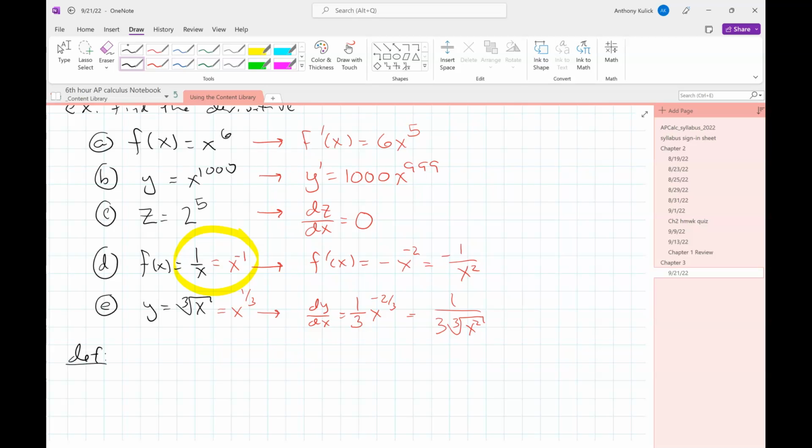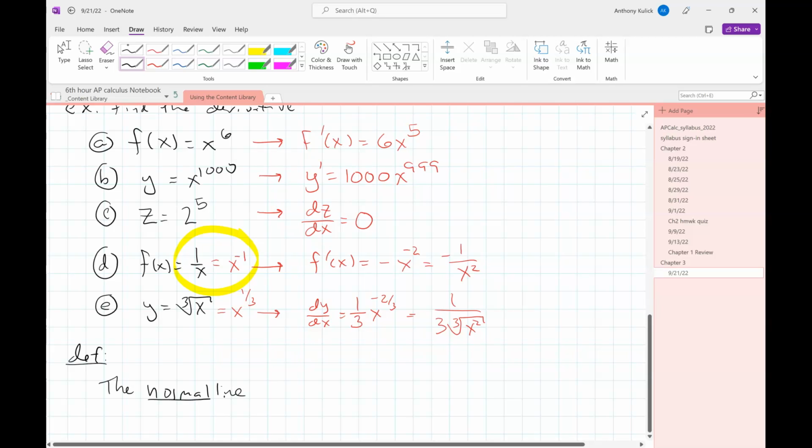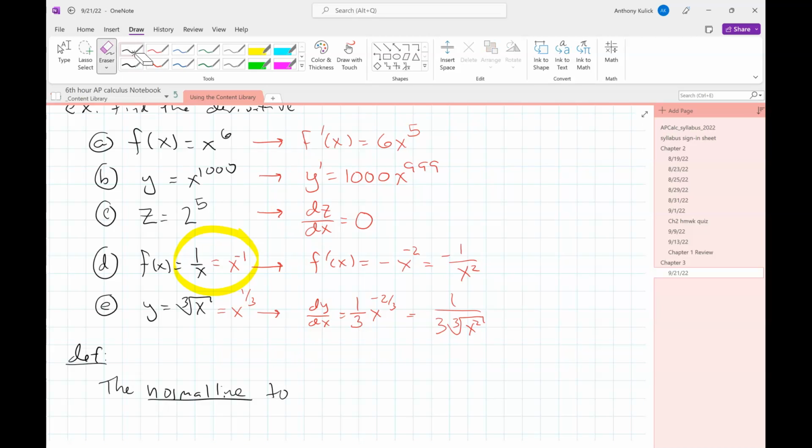All right, I'm going to define a new term here. So we say the normal line to a curve C. Oops, I just need to write. I can't talk and write at the same time today.